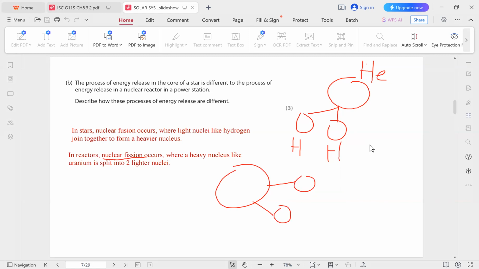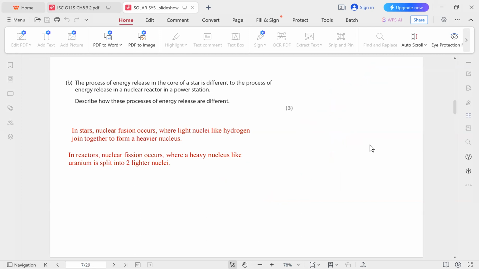This happens inside reactors, and this is how nuclear reactors convert, in a sense, energy into nuclear energy. So nuclear fission happens inside reactors and nuclear fusion happens inside the Sun. This is how they are different.